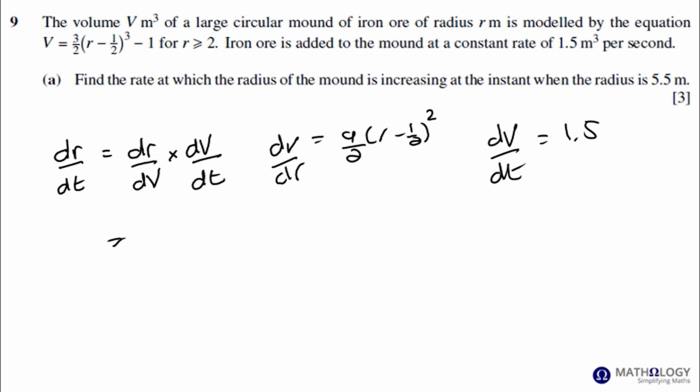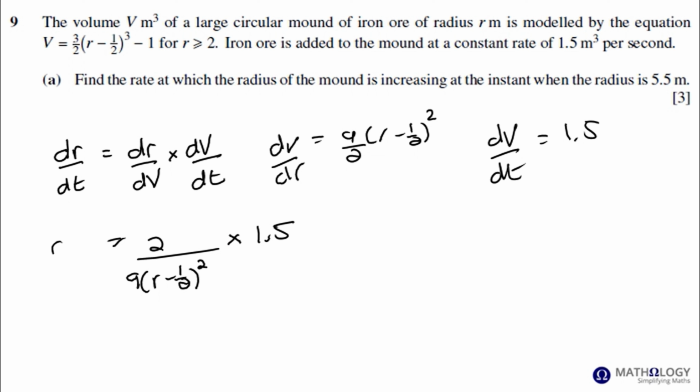So dr/dV is just going to be the reciprocal of this expression, 2 over 9 times (r minus a half) squared, then times dV/dt, which is 1.5.